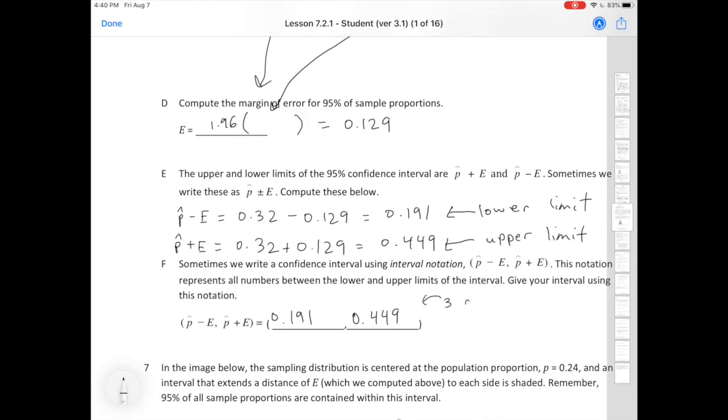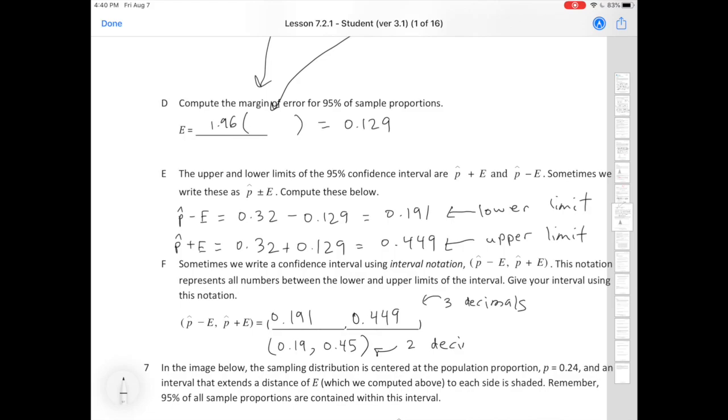Now I want you to notice also that this is for 3 decimal places. And some of you might be wondering, why did I choose to round it to 3 decimal places? Well, we didn't have to. We could have rounded these answers to 2 decimal places. So if we did that, it would be 0.19 and then 0.45, right? We rounded up because the next number is a 9. 0.449 rounds to 0.45.